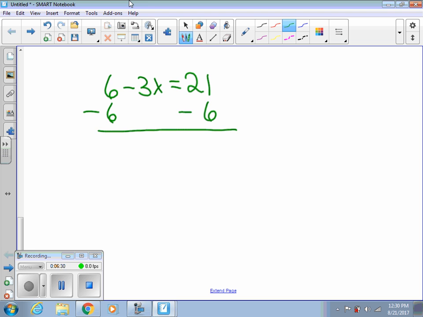Well, when I do that, the 6 minus 6 drops out, and I have a negative 3x. 21 minus 6 is 15. And Gabe, what's the opposite operation that I need to do this time to get x by itself? Divide by negative 3, because I want to get rid of the negative also.